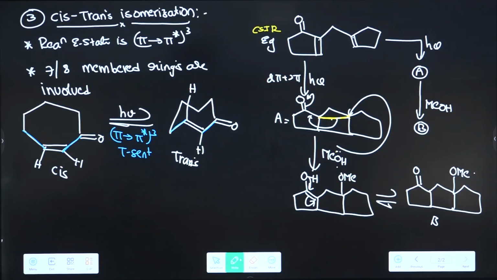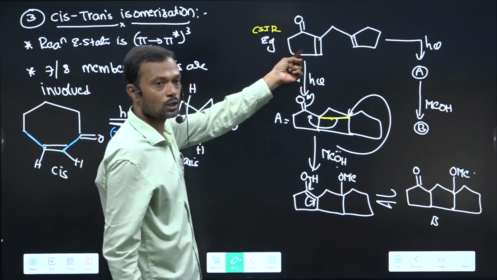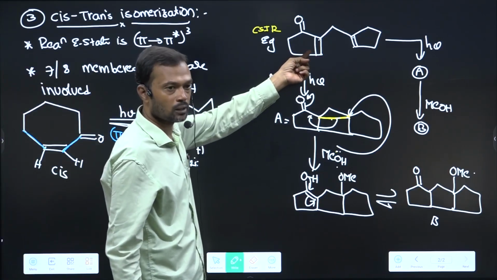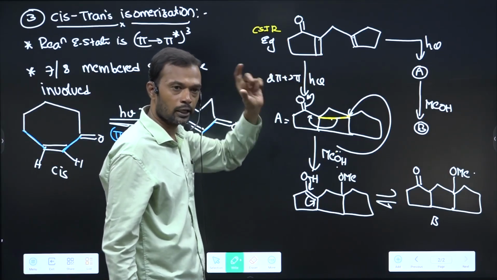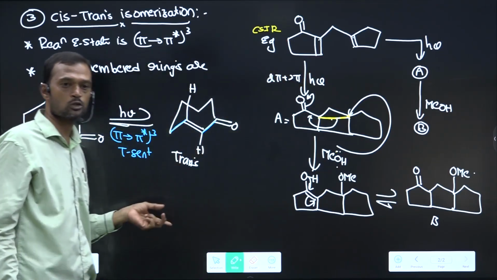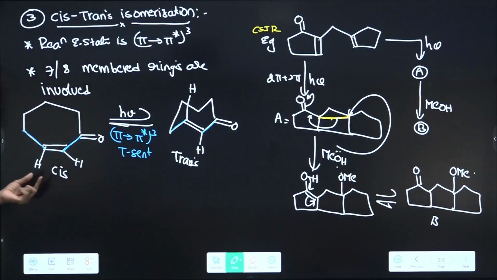Normal rings are not expected. Suppose if you take any 5 membered ring like this, it is not possible. If I take 6 membered, not possible. Only 7 membered, 8 membered cis-trans isomerization is possible for alpha, beta unsaturated carbonyl. So this is alpha and this is beta, cis converting to trans.